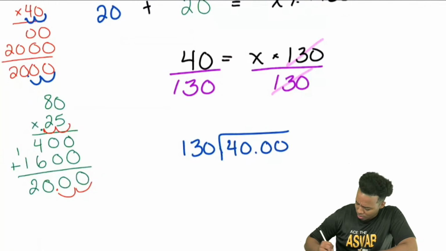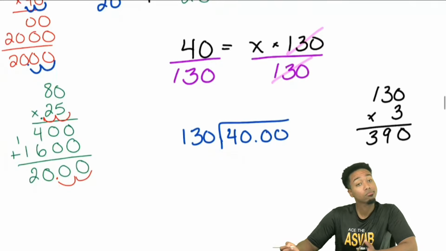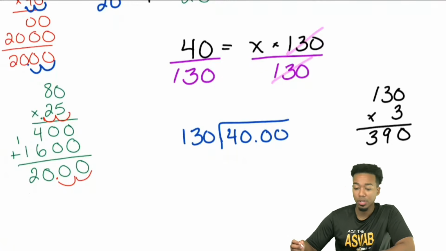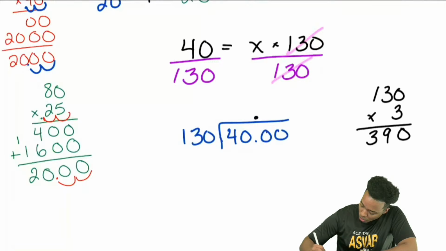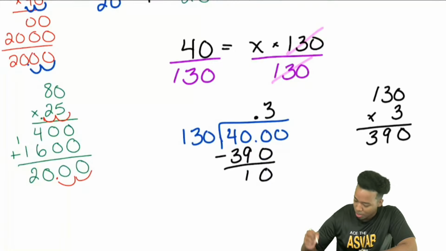You can say, hey, 130 times 3, just to try it out. 0 times 3, 3 times 3, 1 times 3. 390 is pretty close. So we'll go ahead and put 0.3 right there. Subtract 390. We got ourselves a remainder of 10.